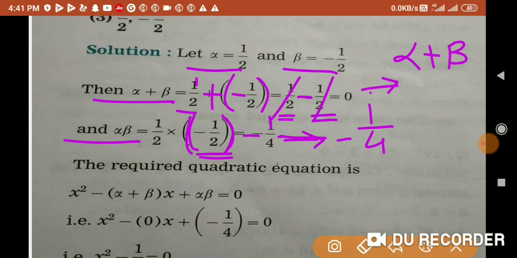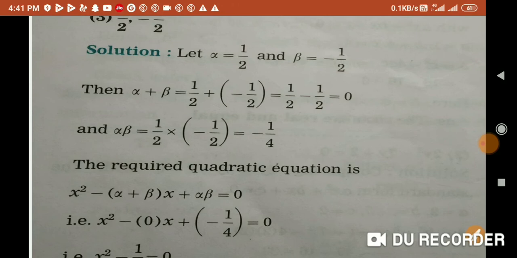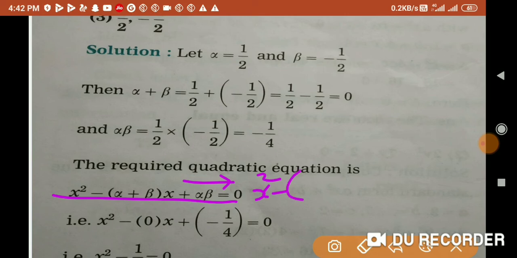Understand? Now put this value in the required quadratic equation. See here, first we can write down x square minus in bracket alpha plus beta, bracket complete, x plus alpha into beta is equal to 0. That means here x square minus, alpha plus beta is equal to 0, bracket complete, x plus alpha into beta, minus 1 upon 4, is equal to 0.